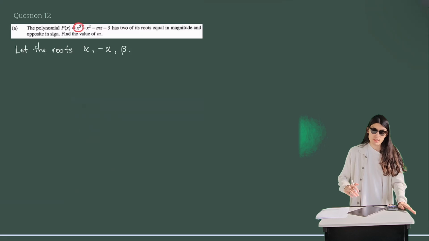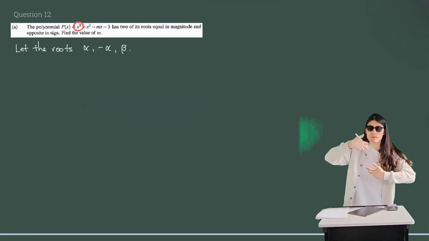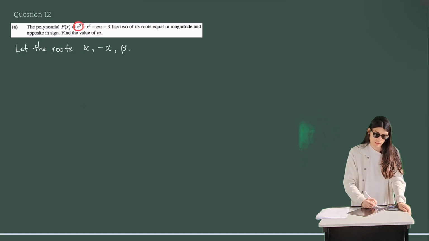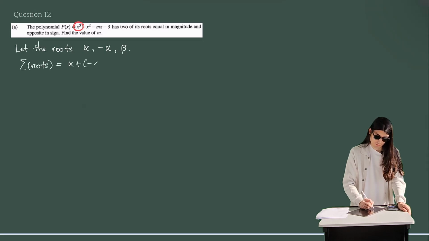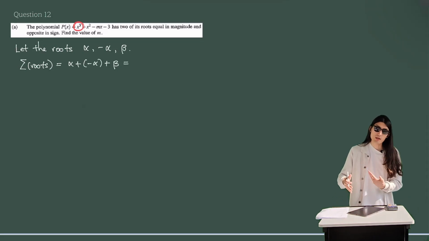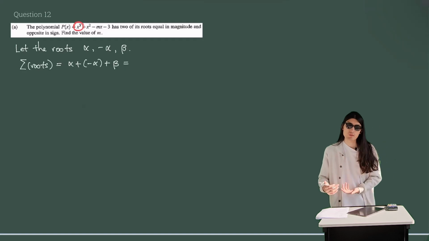Okay, so it's a question that revolves around the relationship between roots and coefficients of a polynomial. Okay, I'm talking about things like the sum of roots, which is alpha plus negative alpha plus beta, being equal to minus b over a, okay, where a and b are the coefficients of x cubed and x squared respectively.